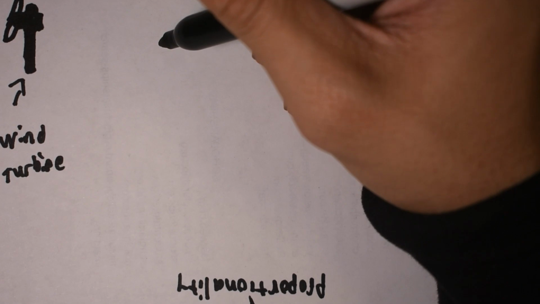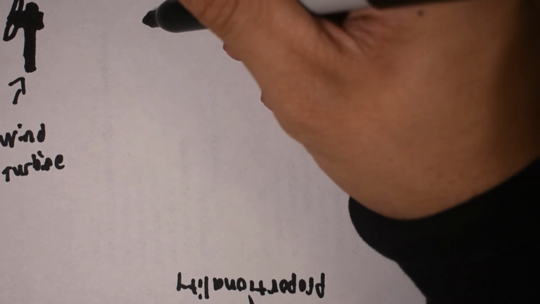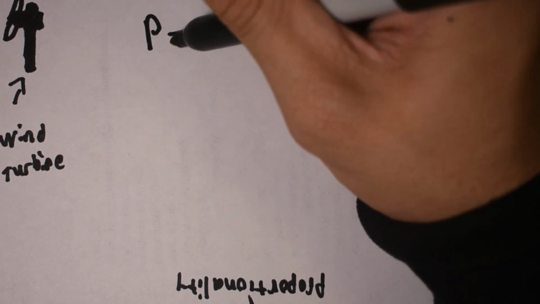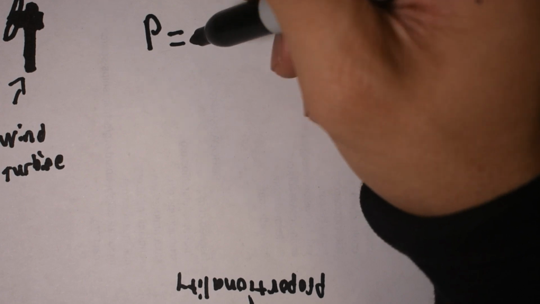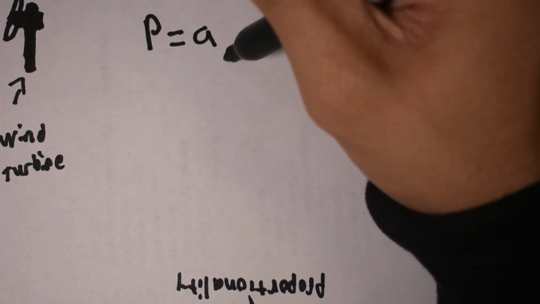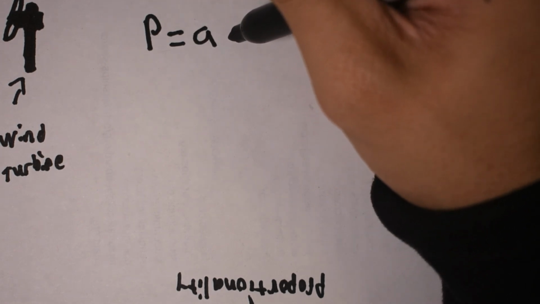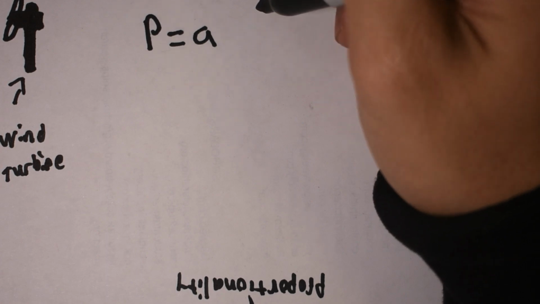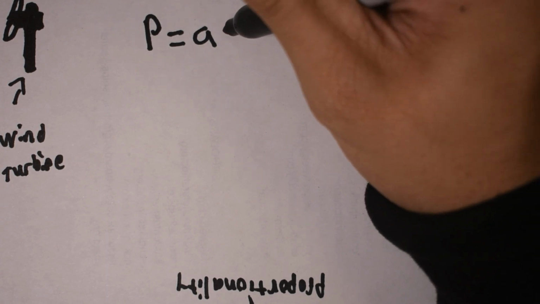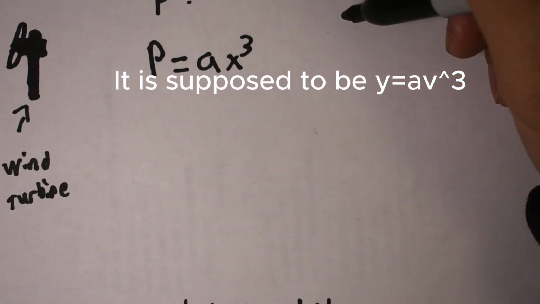Now that was a lot of what I just said, but essentially, it didn't even appear on screen. So we have our power generated, and that is varying directly, or proportionate to, so we're going to use a here, the cube of the wind speed. So of course cube is going to be to the power 3, so you have a x to the power 3.